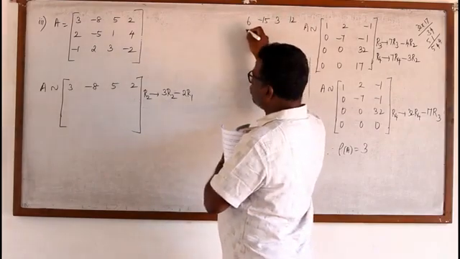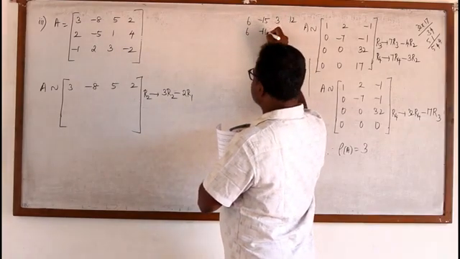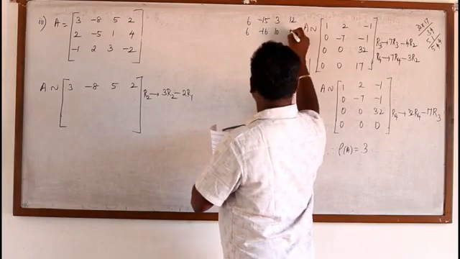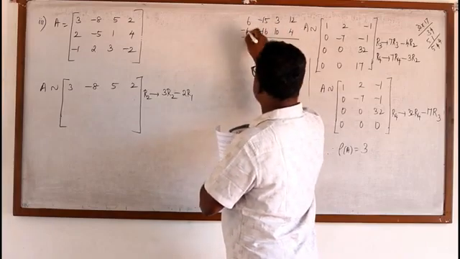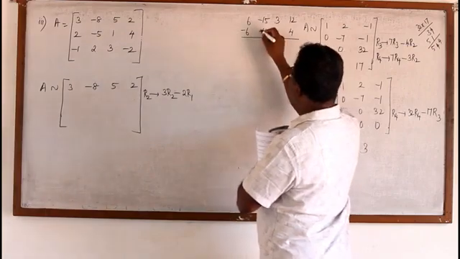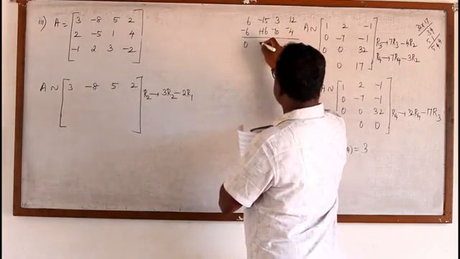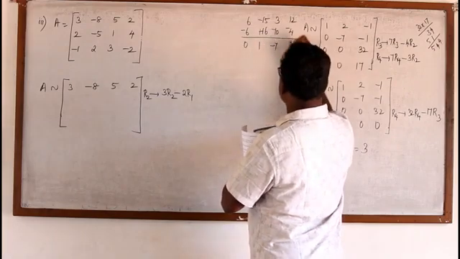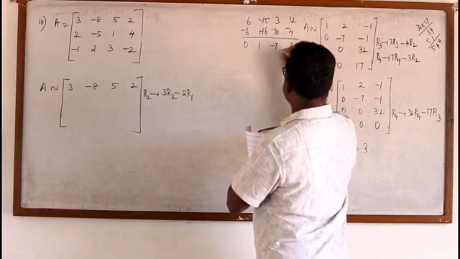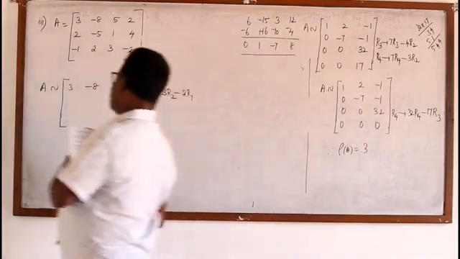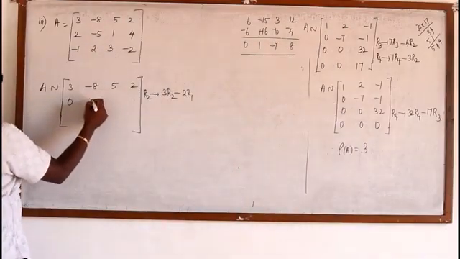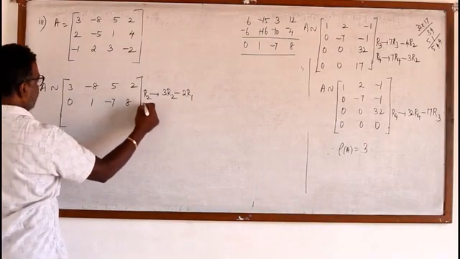Multiply first row by 2, 6, minus 16, 5 2s are 10, 2 2s are 4. Change the sign, because I need this one to become 0, so minus, plus, minus, minus. 0, 16 minus 15, 1, minus 7, 12 minus 4, 8. This is your new R2, 0, 1, minus 7, 8.